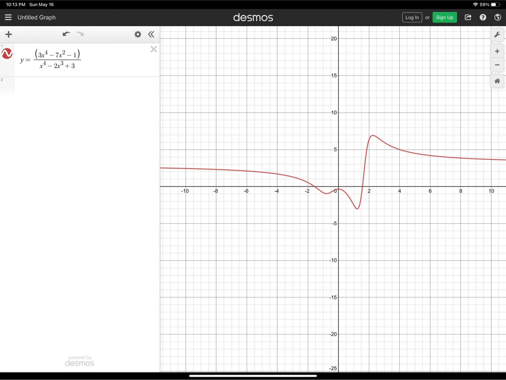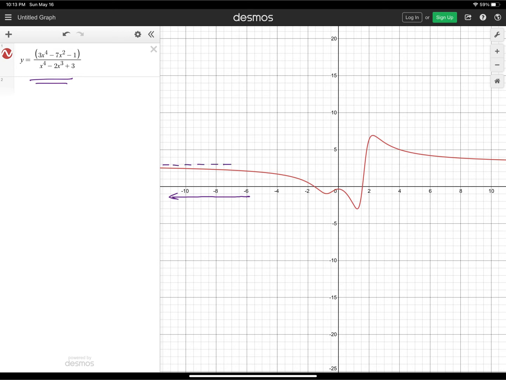I want to take a second and look at what we just found. Here we have the graph of the function that we just found the limit of. And we took the limit as x approaches negative infinity, and we got the answer 3. And so if you look at this graph, you can see as x approaches negative infinity, as we go off in that direction, and you could even zoom out even further, you can see that this graph is approaching the line y equals 3, isn't it?